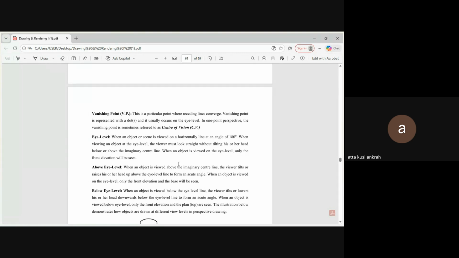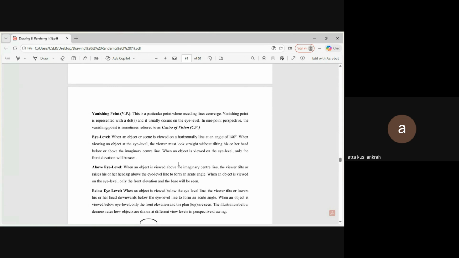In 1 point perspective, the vanishing point is sometimes referred to as center of vision. This is not curriculum venture; it is CV, center of vision. In 1 point perspective, where the vanishing point meets is called the CV or the center of vision. Good. We are now done with the vanishing point.